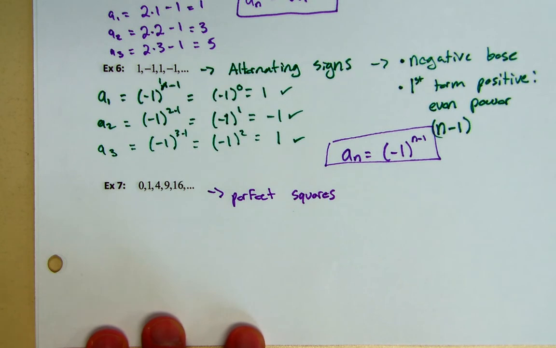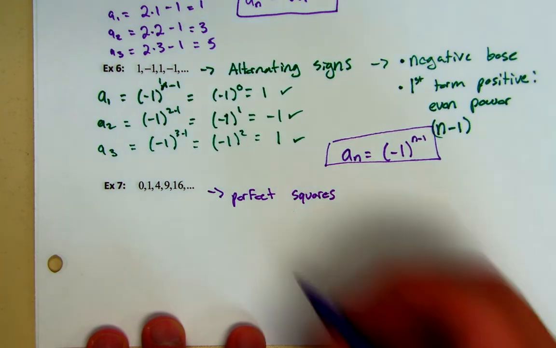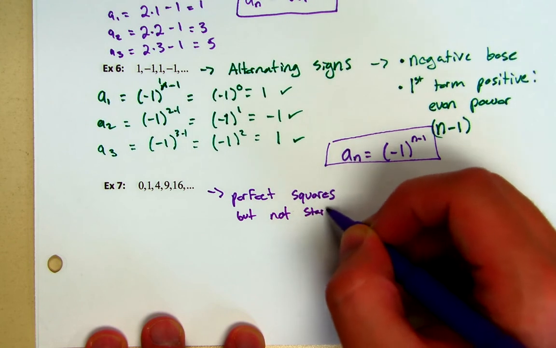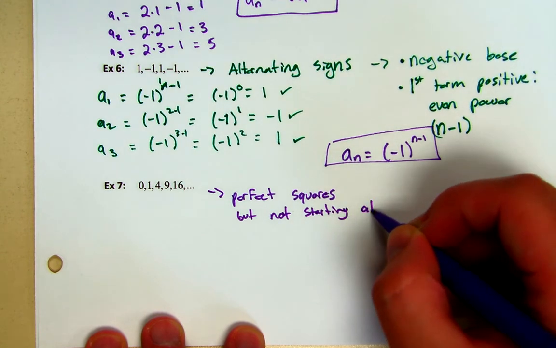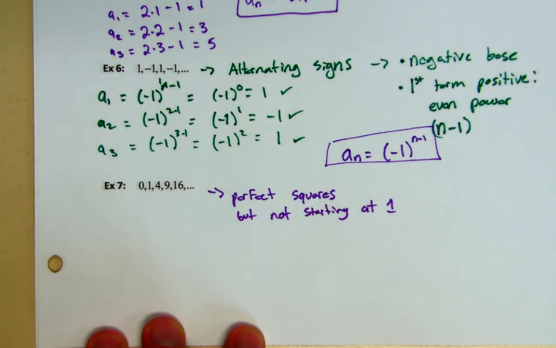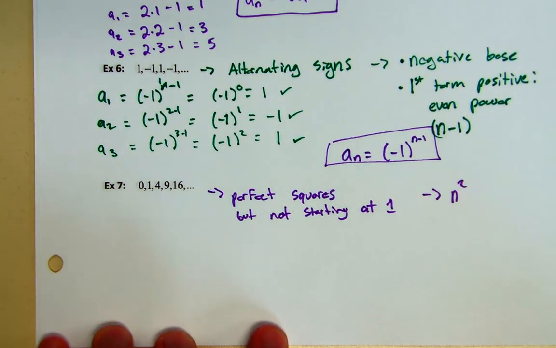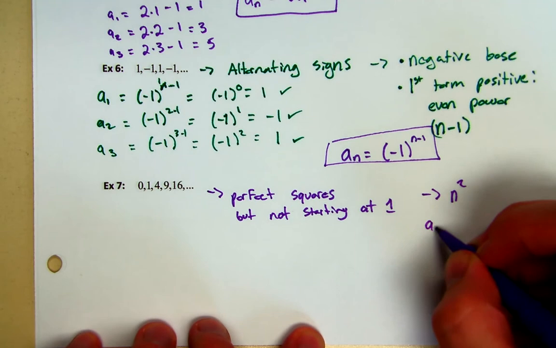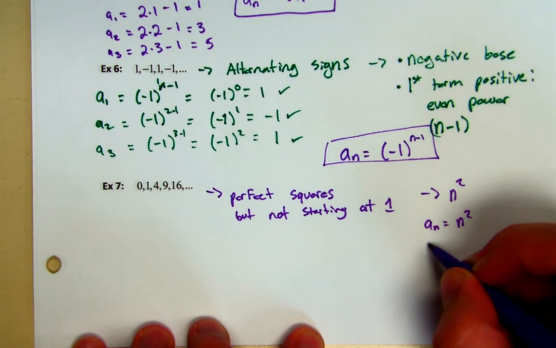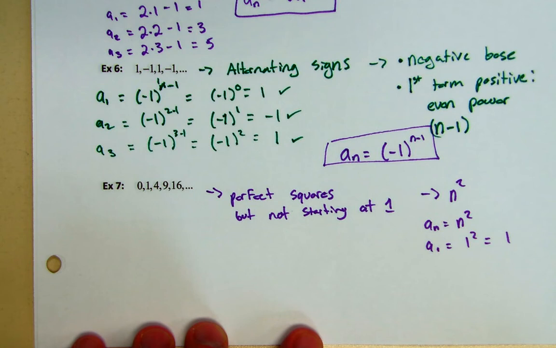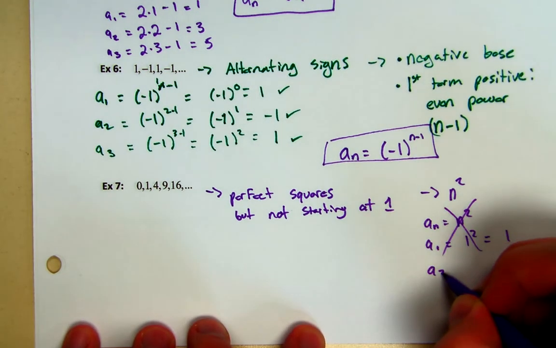So perfect squares, but not starting at 1. We have that 0 first. So perfect squares makes me think I'm going to use n squared. But if I do a_n equals n squared, a_1 is going to be 1 squared, which is 1. So that doesn't work. We need a_2 to be 1.